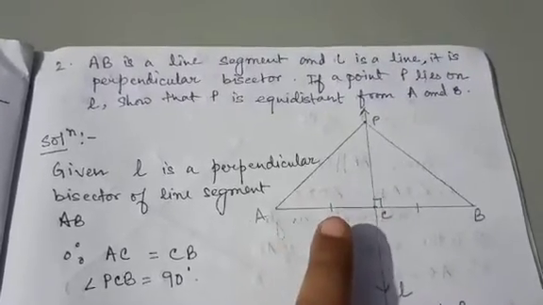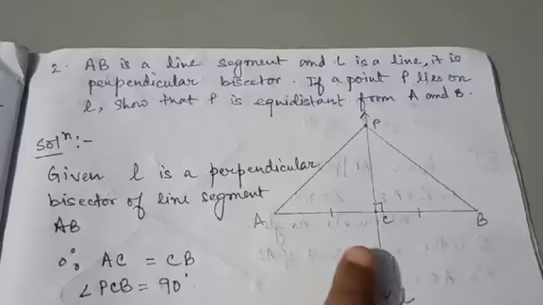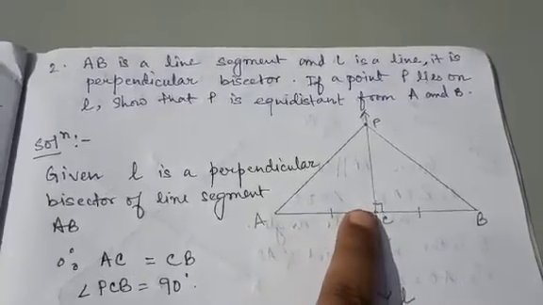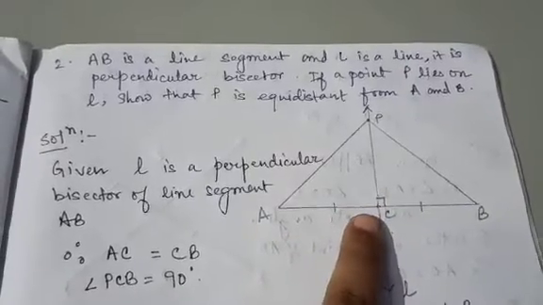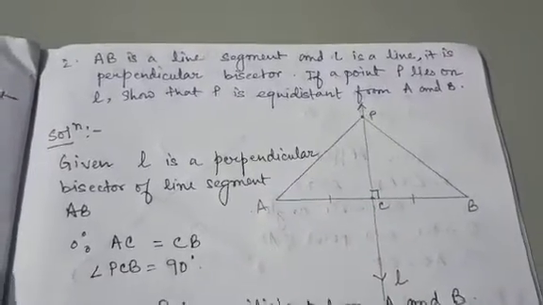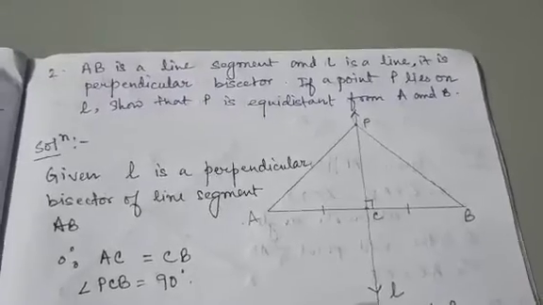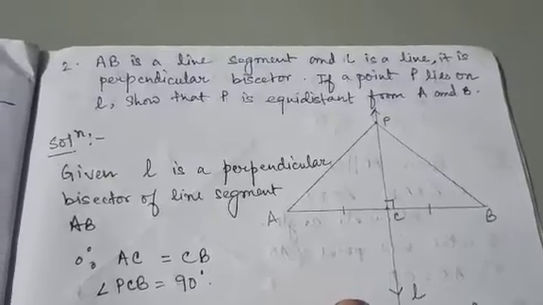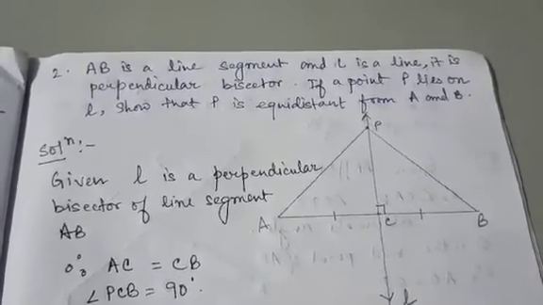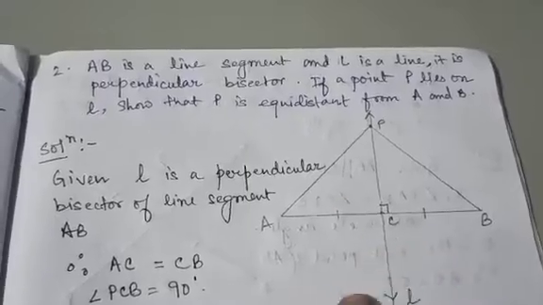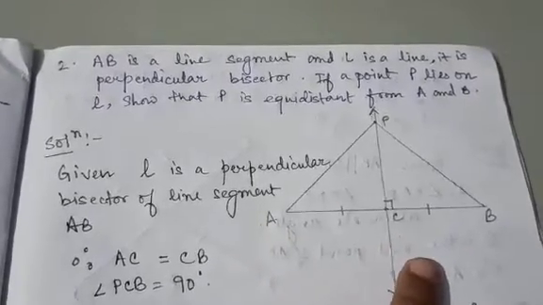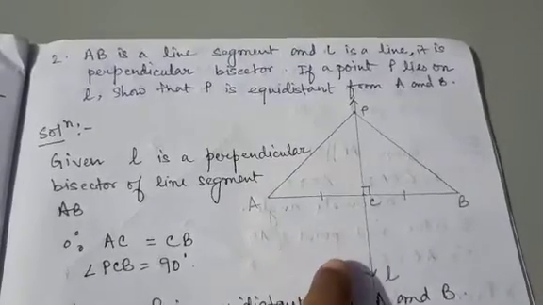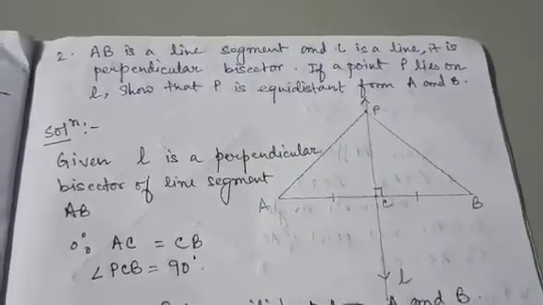So perpendicular bisector means the line AB is bisected into two equal halves at the point C with angle as 90. If a point P lies on the line L, we have to show that P is equidistant from A and B. So first we have to draw a line AB, then we have to draw a straight line which is the perpendicular bisector of the line AB.